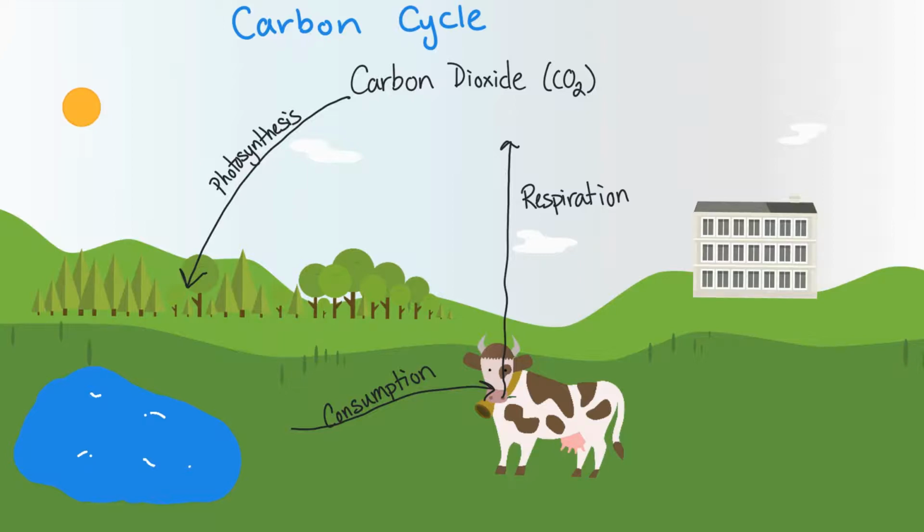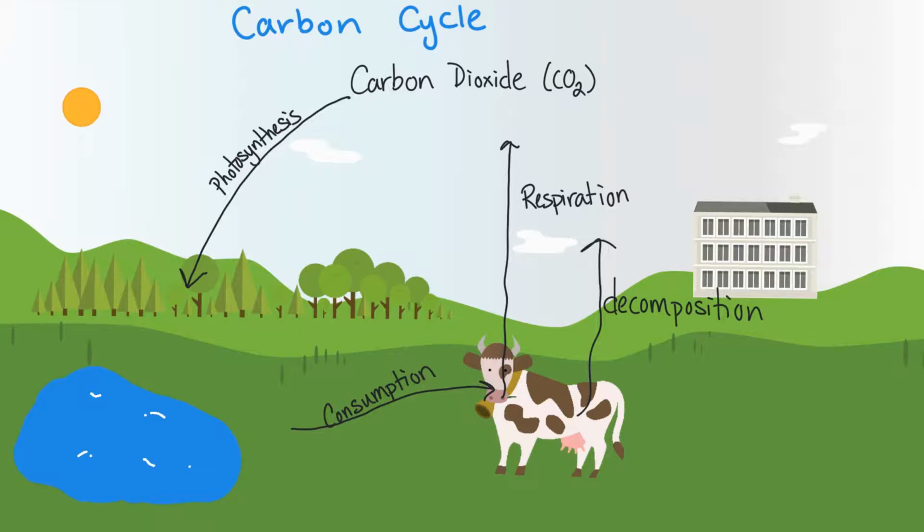If that animal happens to die, we also have decomposition. And decomposition can send carbon into the air. The decomposing bacteria or fungus and other animals that do decomposition release that carbon dioxide back into the atmosphere.